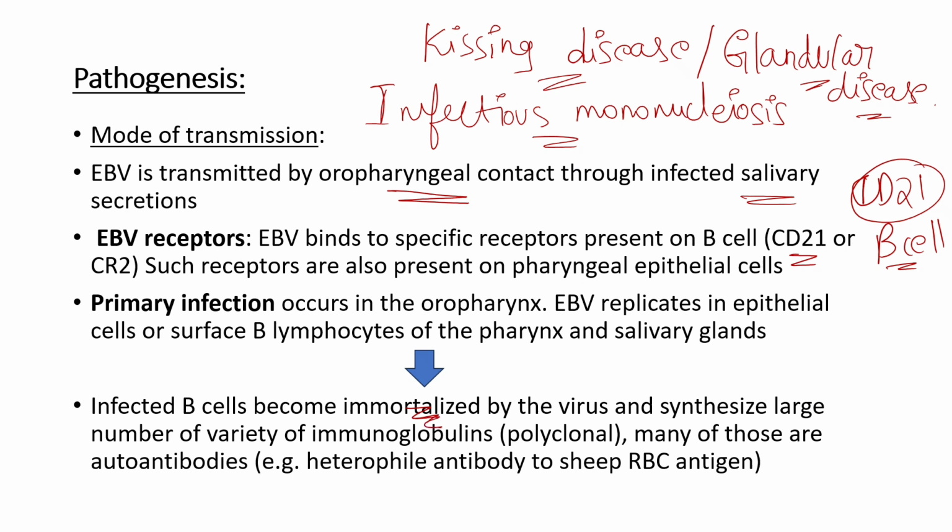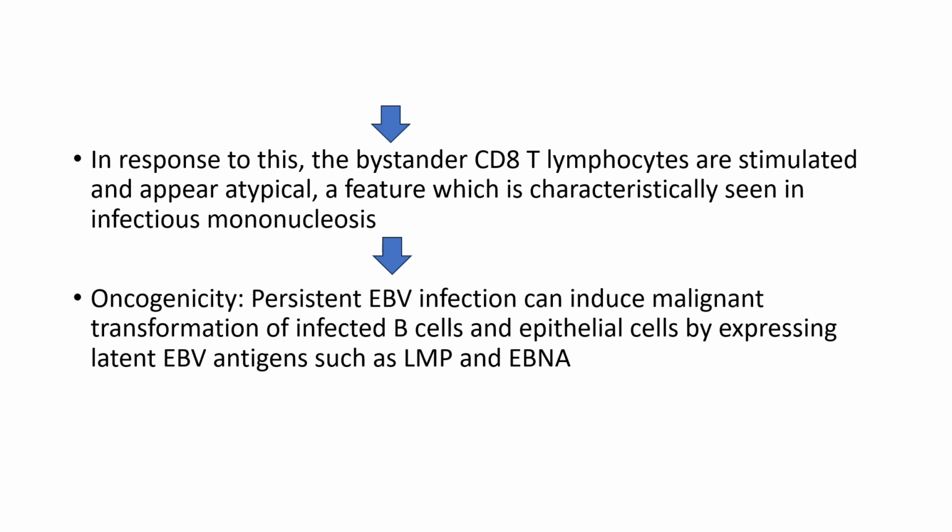As a result, it will synthesize a large number of variety of antibodies or immunoglobulins. So a large number of polyclonal immunoglobulins will be synthesized. Many of those will be autoantibodies, which destroy the self antigens. As a result of this synthesis of polyclonal antibodies by the B cell, there will be stimulation of CD8 T lymphocytes.